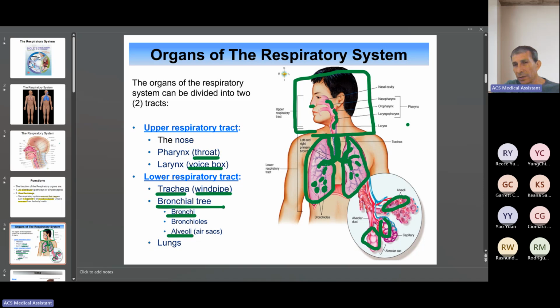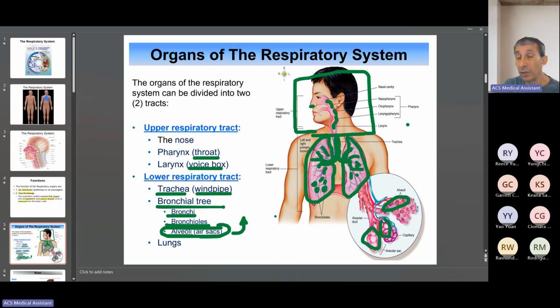But then it becomes small branches, the bronchioles on each side. And then the alveoli or air sacs. Very important, air sacs, alveoli. Because this is the place where gas exchange takes place.